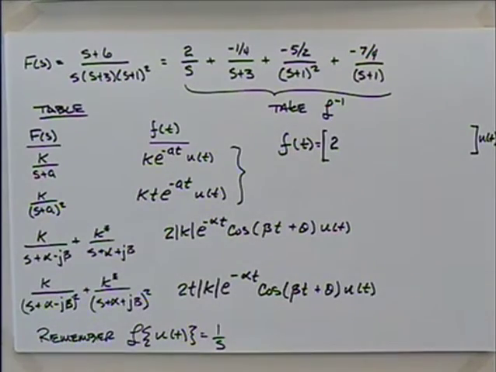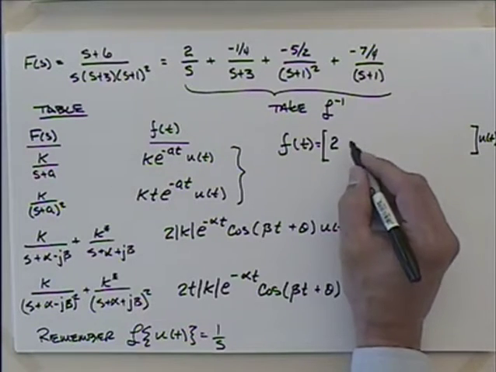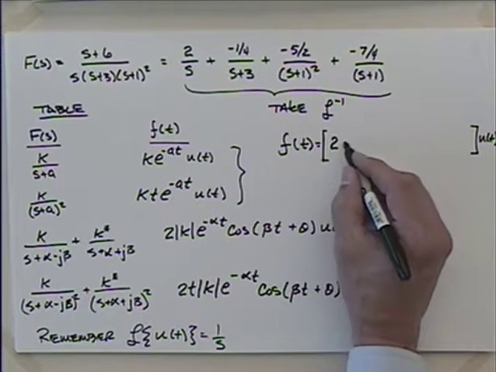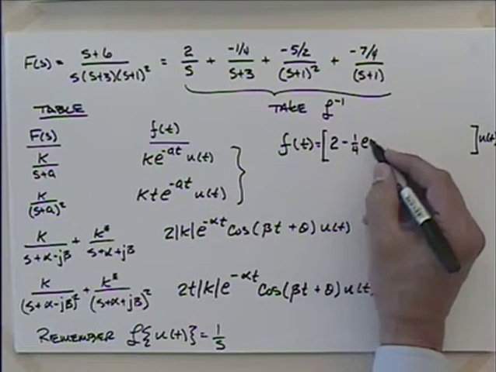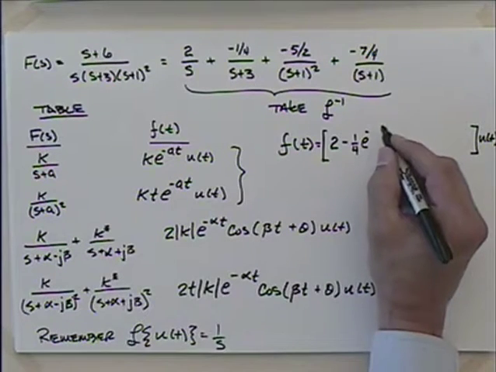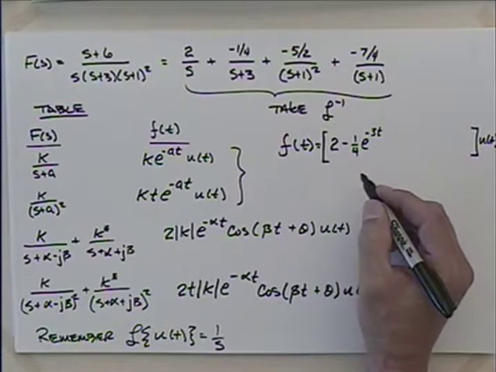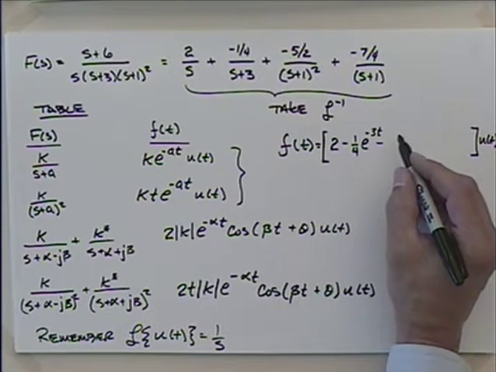So let me just write that here. There's u of t. So I'd have the 2. And then what am I going to have? Well, I'd have minus 1/4 e to the minus 3t. Minus, let's see, 5/2.